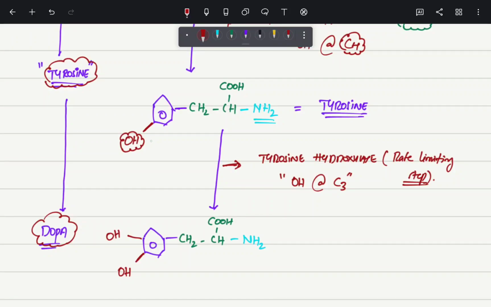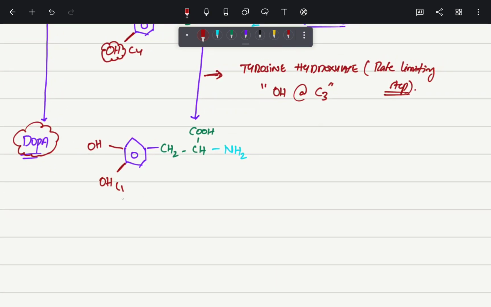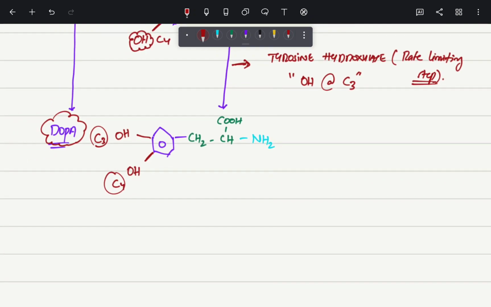Initially there was hydroxylation at carbon number 4. Now there is hydroxylation at carbon number 4 and carbon number 3. The other name for dopa is dihydroxyphenylalanine. Since there are two hydroxylations at carbon number 3 and carbon number 4, it is called dihydroxy. Why is it called phenylalanine?